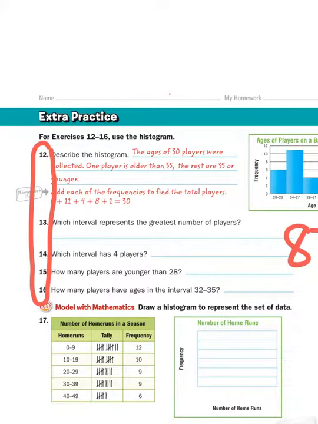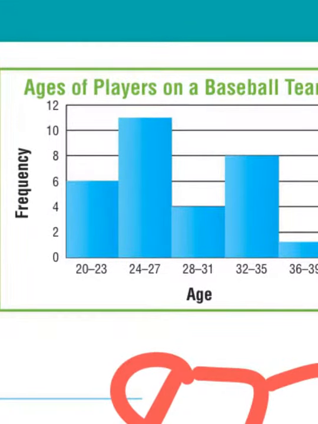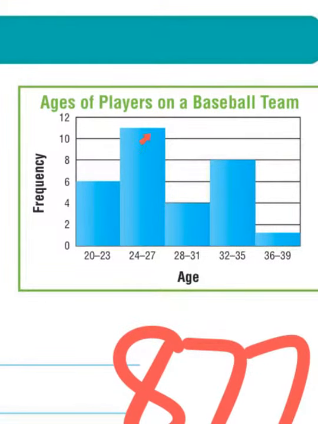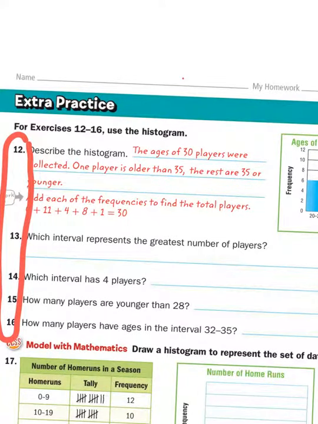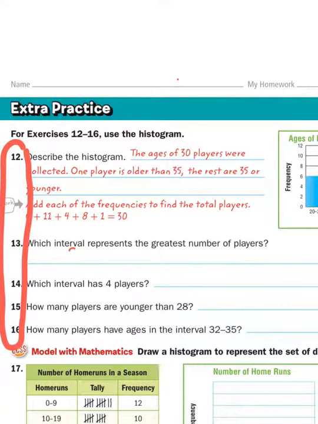So let's take a look at the first problem, which would be 13. Problem 13 says, which interval represents the greatest number of players? So if I look here, I'm looking for the highest bar, and the interval would be 24 to 27. So that's your answer for 13. Okay, problem 14 says, which interval had 4 players?